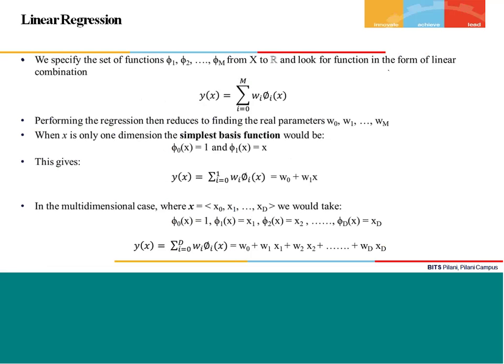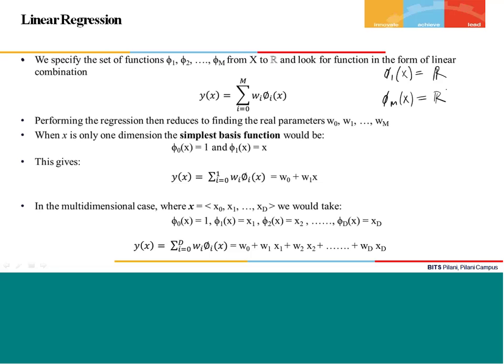These are my different functions, phi1 to phi-m, and every time I give my input vector x to one of them, it gives me back some real number. Now I can have multiple basis functions.